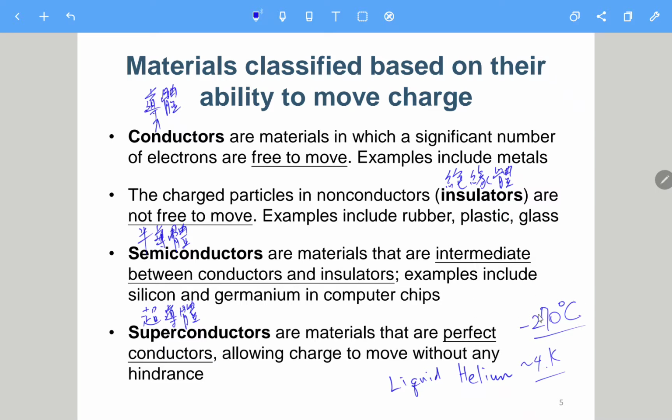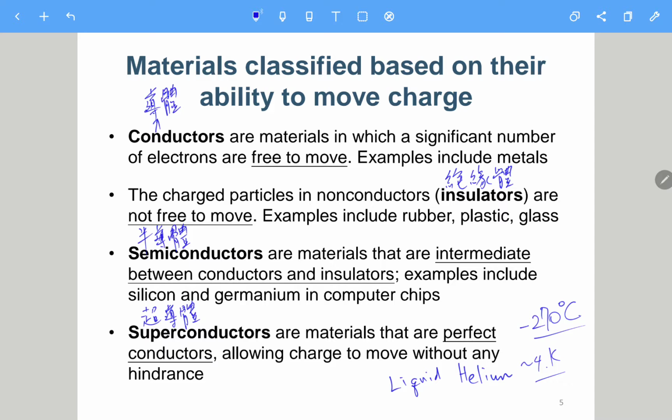But when they put the circuits in liquid helium, they suddenly found the superconductor effect. The resistance suddenly disappeared. So this is the superconductor phenomenon. Later on, chemists and physicists tried to find materials that show superconductivity at higher and higher temperatures, so that it is easier to have this effect.